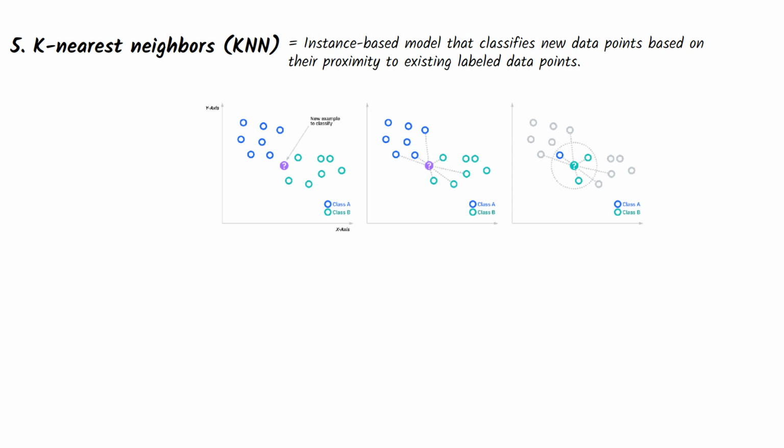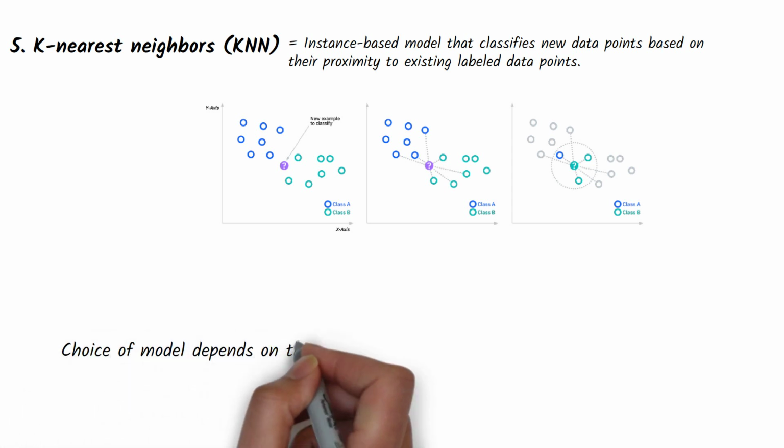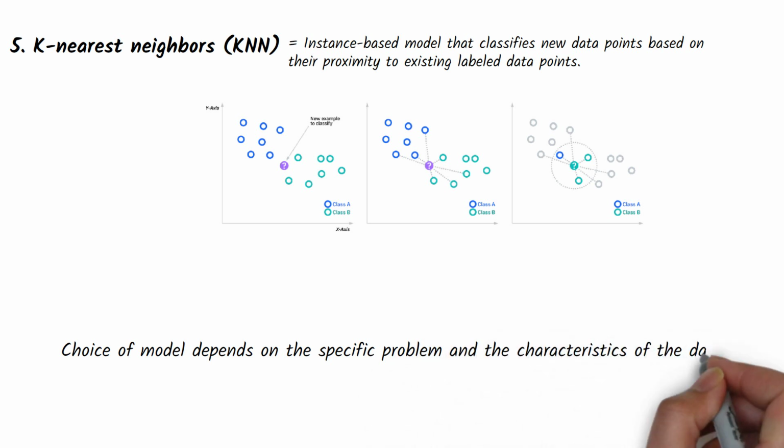Okay, and these are just a few examples of machine learning models that are used in practice. So in conclusion, both data and model are crucial components, and the choice of which model to use depends on the specific problem and characteristics of the data.